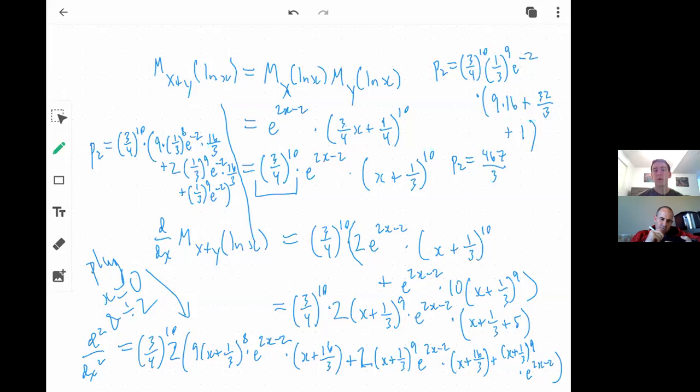And then, well, what you're multiplying it by, you have all the other stuff. Actually, all the 3's cancel, because it's 3/4 to the 10th, and then it's times 1/3 to the 9th, and then it's times e to the minus 2.